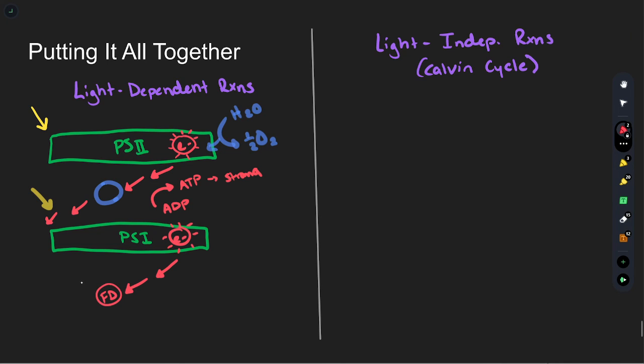Ferredoxin takes it to NADP+ reductase that generates our reducing power. And that also moves to the stroma.